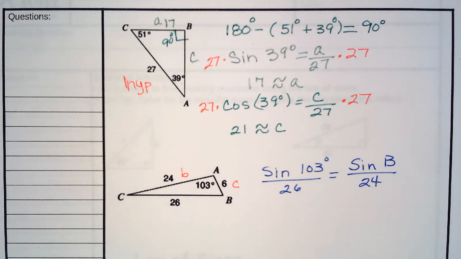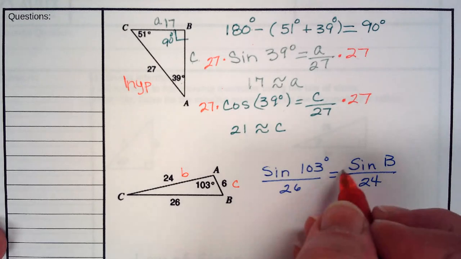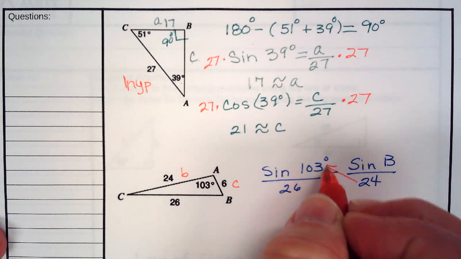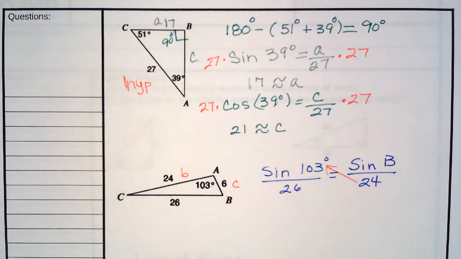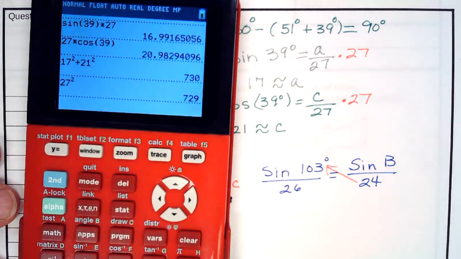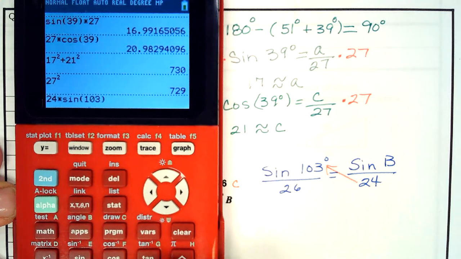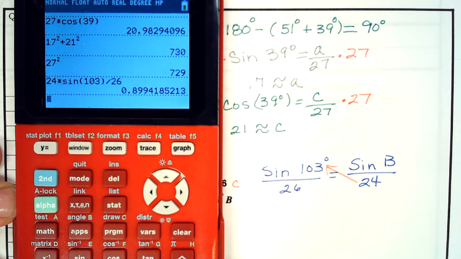So, do your cross multiplication. This time we start at the bottom and go up. 24 times the sine of 103, close it off, divided by 26. And we're expecting a decimal. There it is.